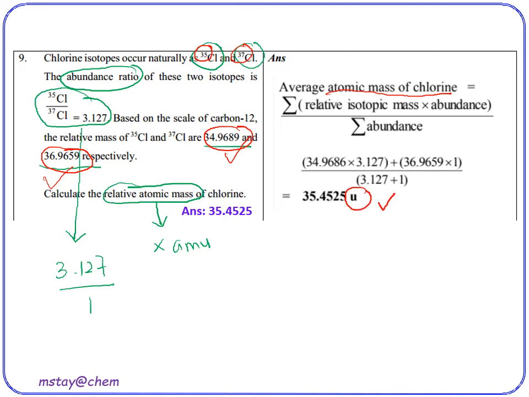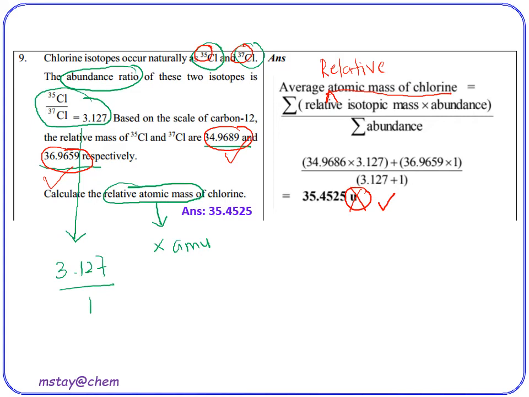Some of you may ask, is it okay if I change the average atomic mass here to the term relative atomic mass, and then not put the unit here? This is not correct in terms of the calculation steps.